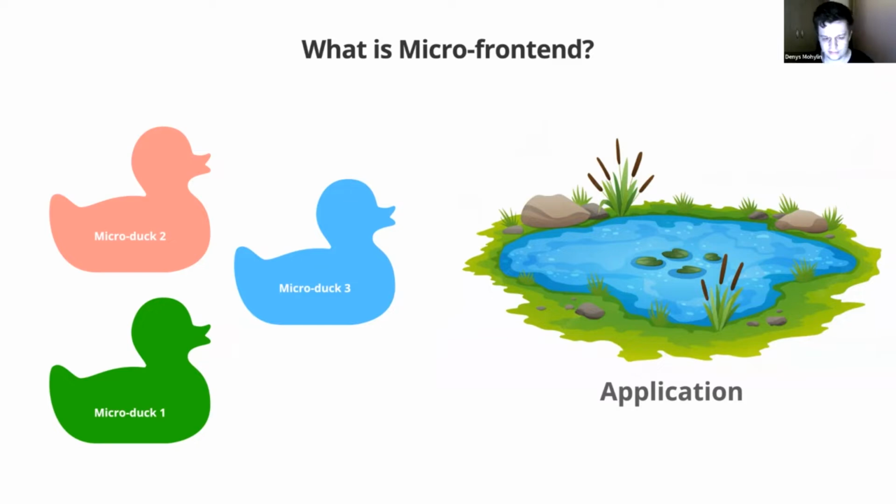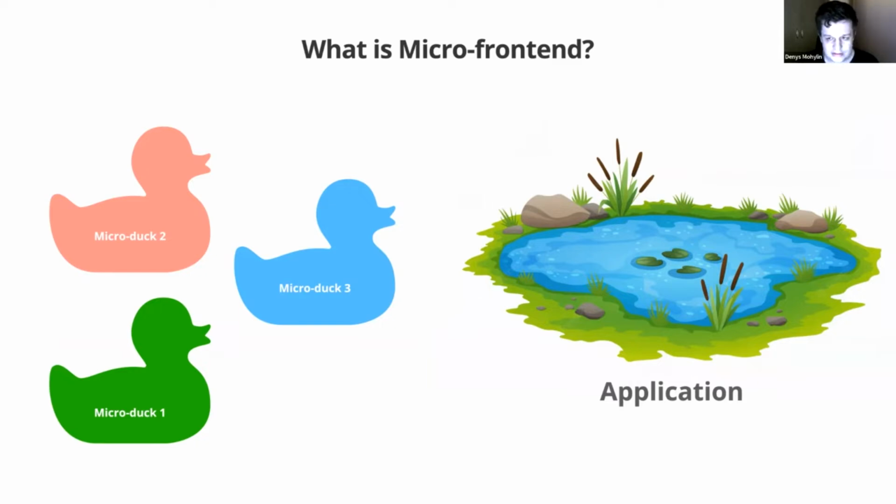Based on this case, we have one pond, you need to implement a few new features, or just split this one, and you can use something that we can call the Micro Frontend. We will explain step by step what the micro duck actually means and how we can use it.